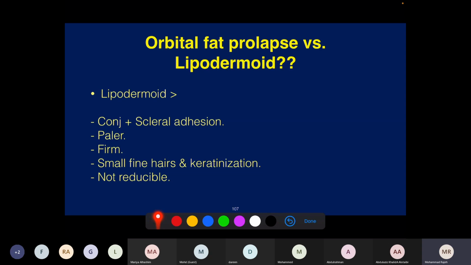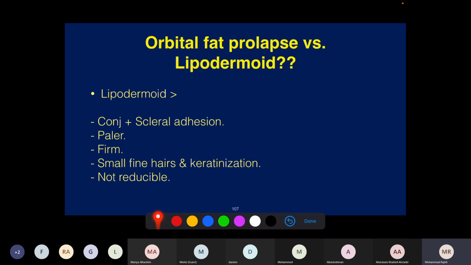So as you all know from previous reviews, lipodermoid, there are firm adhesions with the conjunctiva and sclera, paler, firm, and it contains hair and the conjunctiva can be keratinized.